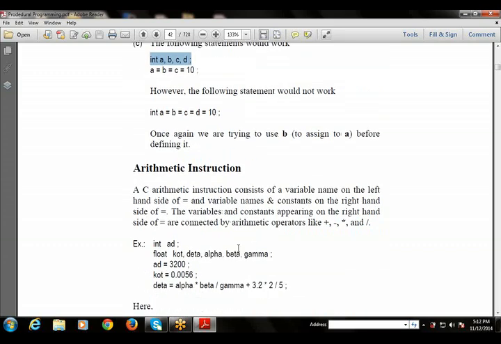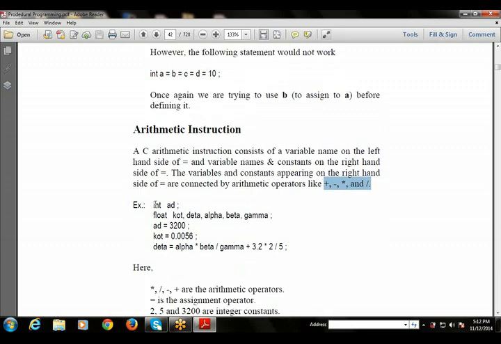So these are the type instructions, that is char, int, double, float, the type declaration statements. Next is the arithmetic instruction, that is plus, minus, divide, multiply. These are the examples.